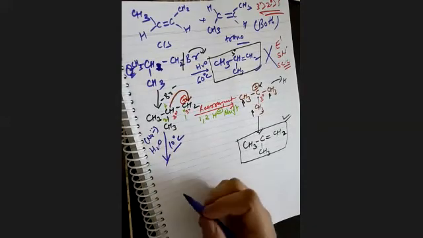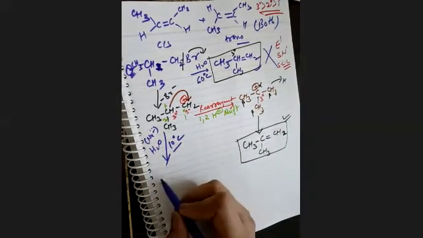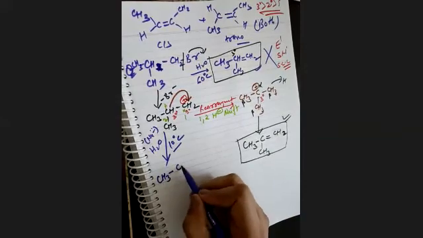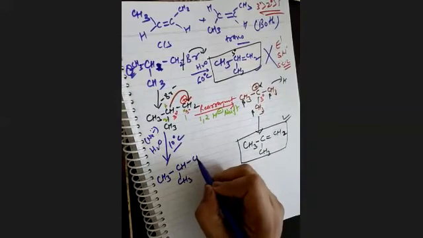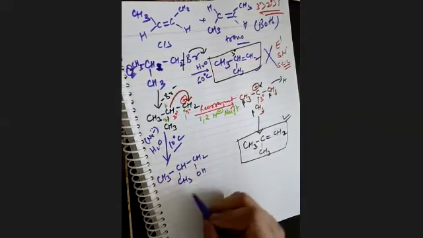Clear? I've clearly mentioned that at low temperature, your reagent will behave as a nucleophile. So what will be your product? This will be CH3, CH, CH3, CH2OH. This is SN1. Clear? That was your E1.